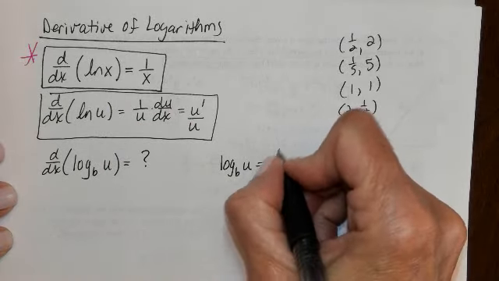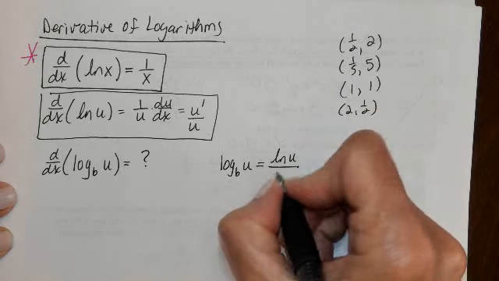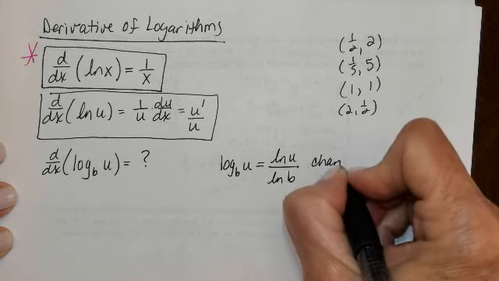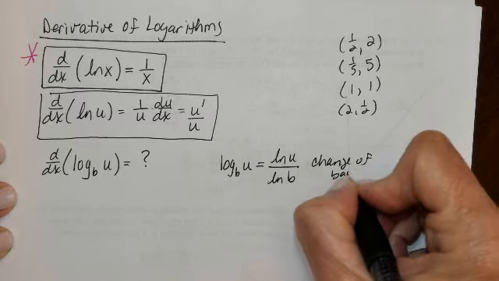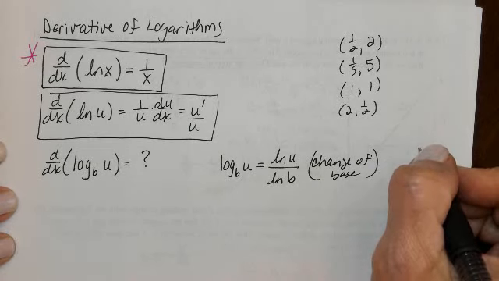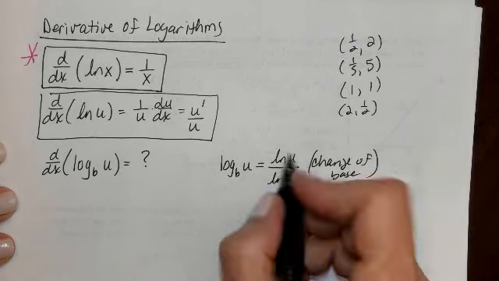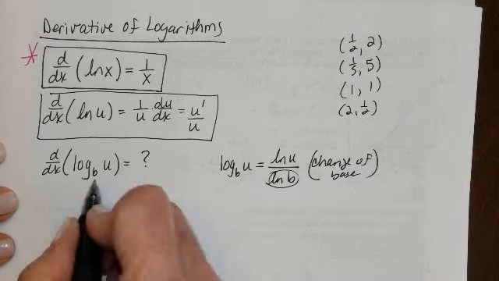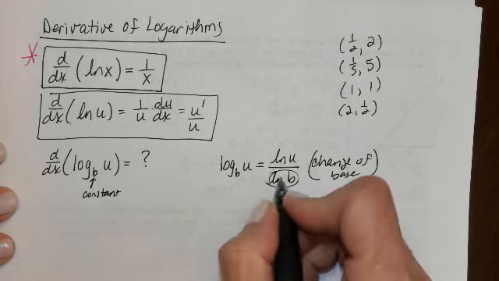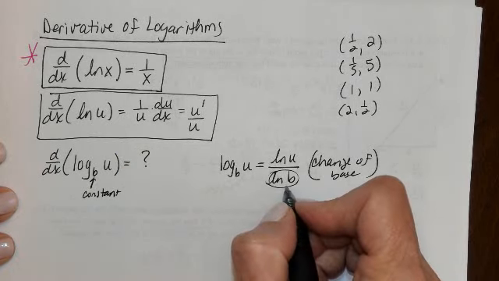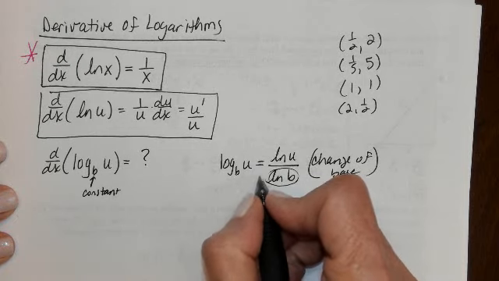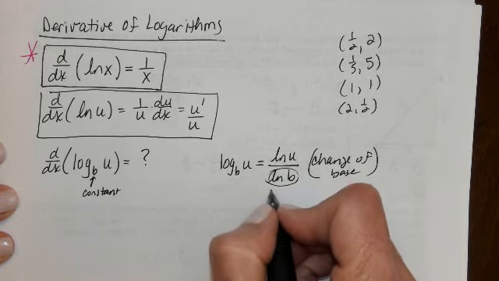So this would be ln of u over ln of b, right? Change of base formula, back from our properties at the beginning of today's lesson. Okay? ln of b is just a constant, because b is just a constant. The base will always be a constant for us guys. So ln of b is just a constant. Okay? So that's something we can just pull out. 1 over ln of b, right?